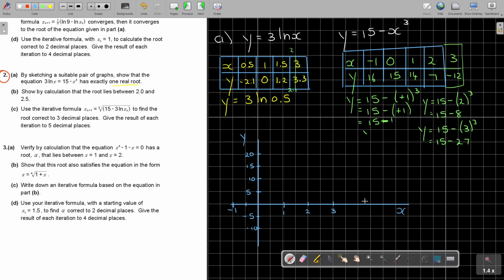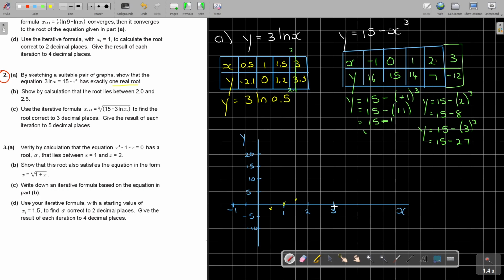So let's start plotting. Let's plot my yellow one. So it's 0.5, and it's -2.1. So approximately there. And then 1 at 0. And 1.5 and 1.2. Okay. And then 3.